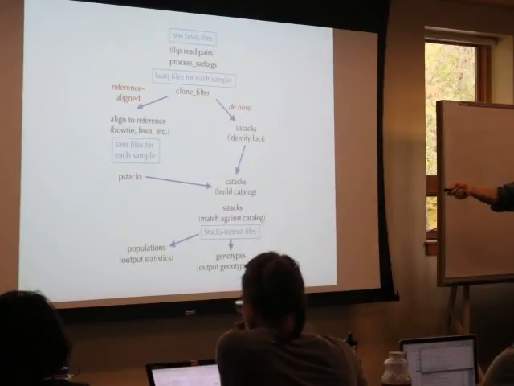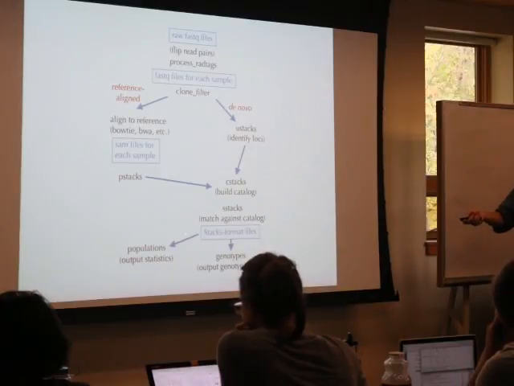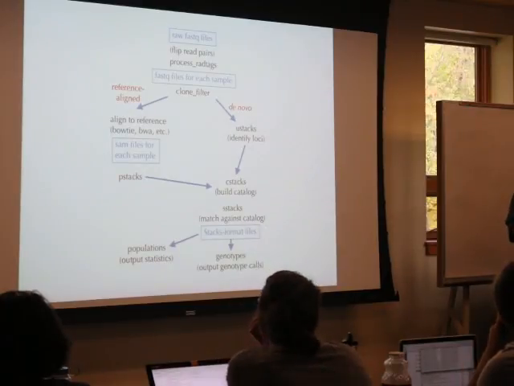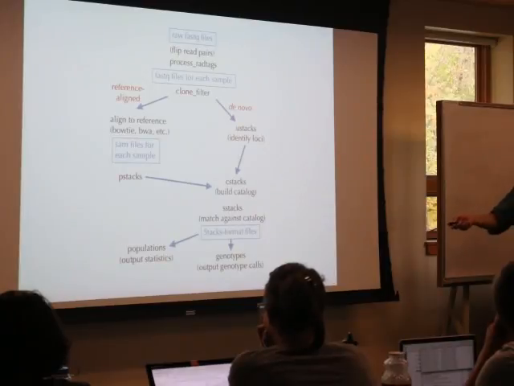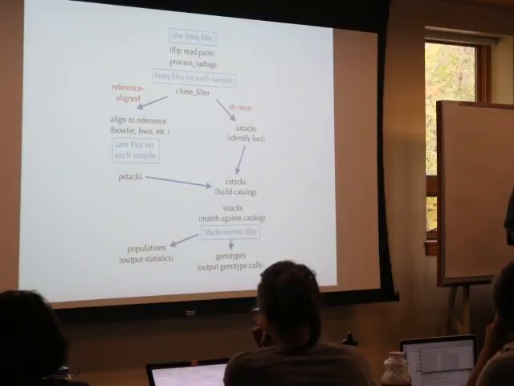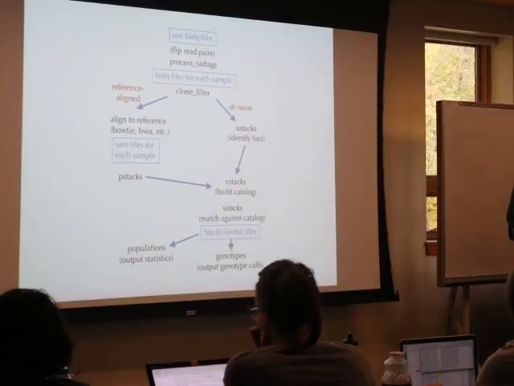And then these paths merge again, you make a catalog, you match against the catalog. The output from that is what you also have some examples of. And then, like I said, you can output either population genetic statistics, or you can just output genotypes in all sorts of different formats for other programs.